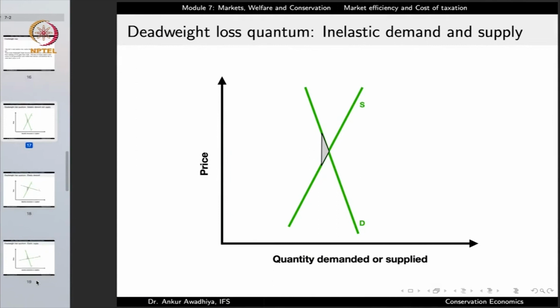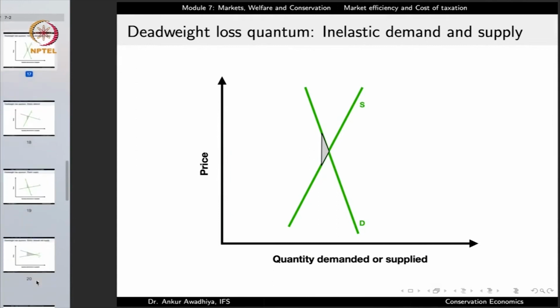Now, the quantum of the deadweight loss would depend on how elastic or inelastic the demand and supply are. If you remember, inelastic demand or supply are represented by curves that are more towards the vertical.